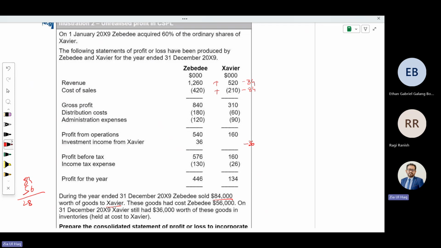What is unsold? 36 out of what? 56. So we can multiply by 36 by 56, so we can find the unrealized profit. 18. 18. That we need to add here.